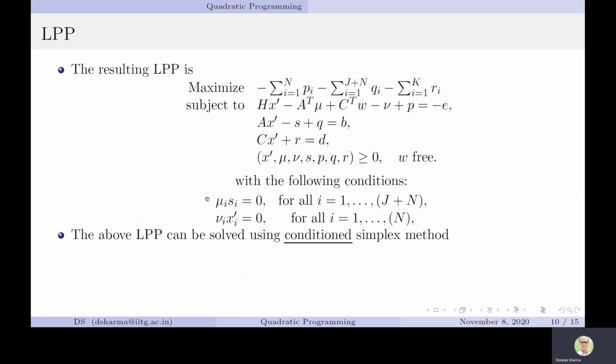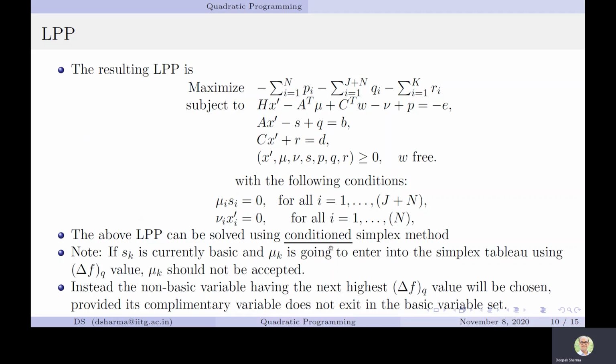So along with these two conditions, we will be solving the given LP using the simplex method, but we have to apply some conditions with the simplex method. I will explain that now. The simplex method which we are using for solving the given LPP is called the conditioned simplex method.